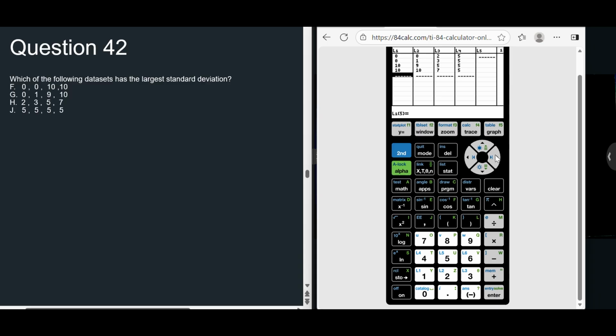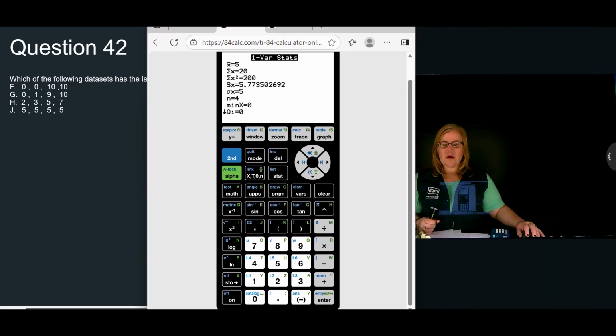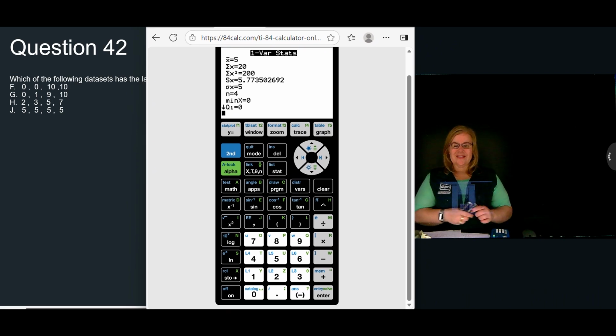The next thing I'm going to do is get out of this screen and go back to my statistics. I'm going to scroll over to calculate and go to the one-variable statistics. So I'm going to go to 1. I'm using list 1. I don't have to worry about the frequency, and I'm going to calculate. Now, this is where I'm going to have a triple screen.